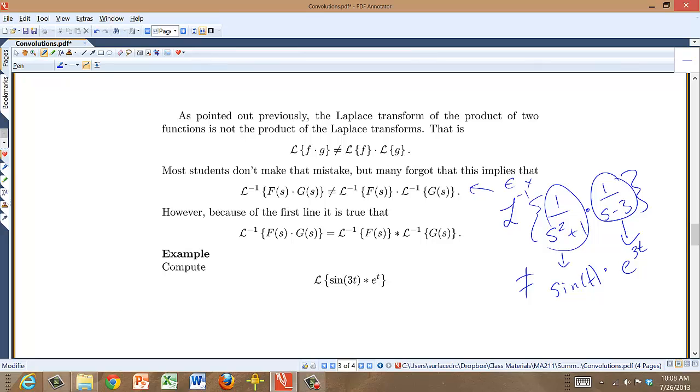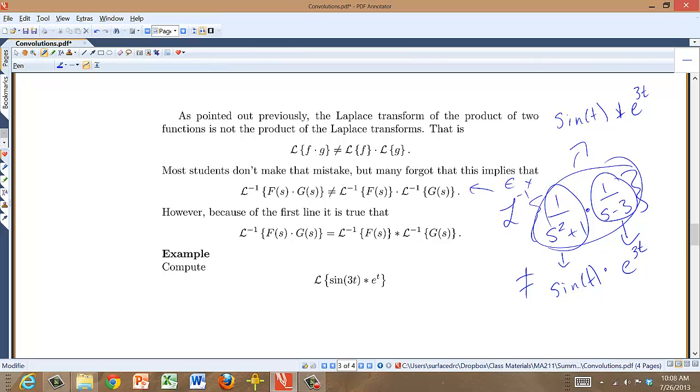However, what you can do is say that the inverse Laplace transform of F of s times G of s is the inverse Laplace transform of F of s convolved with the inverse Laplace transform of G of s. So what is correct is that this is sine t convolved with e to the 3t. Instead of doing partial fractions, you'd be perfectly correct to say this is sine t convolved with e to the 3t, and then compute the convolution.